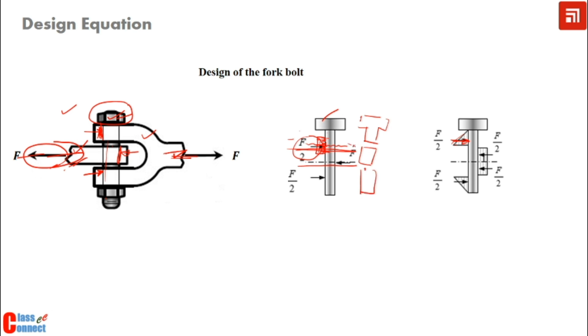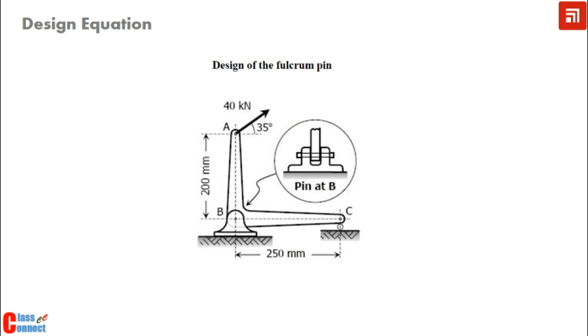So it means this particular force which is acting in the plane of the cross section of failure, this type of load we call it a shear load, that we have already discussed and learned in our strength of materials classes. The third case of design type of problem is related with this.